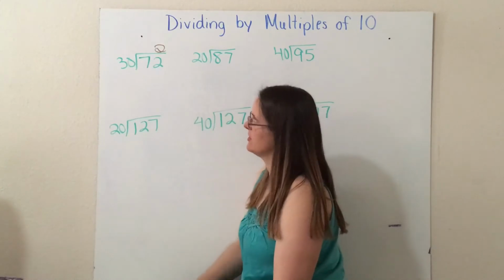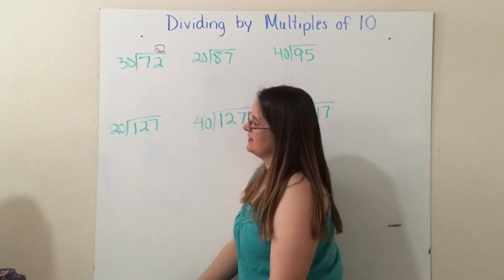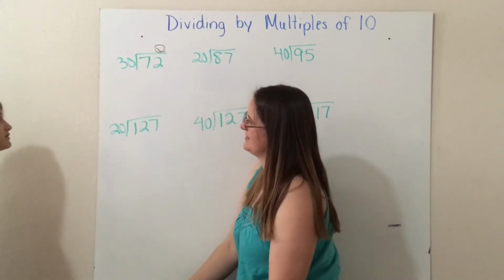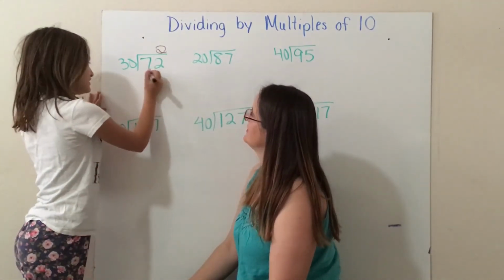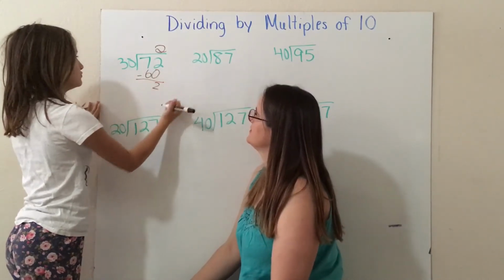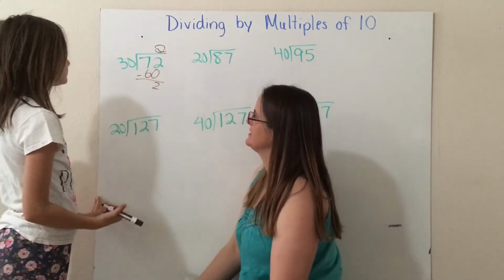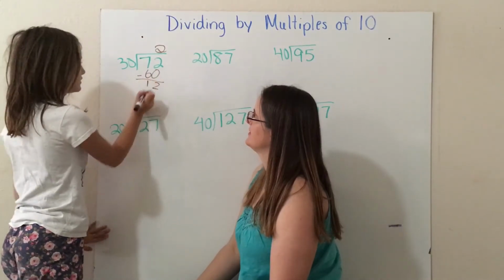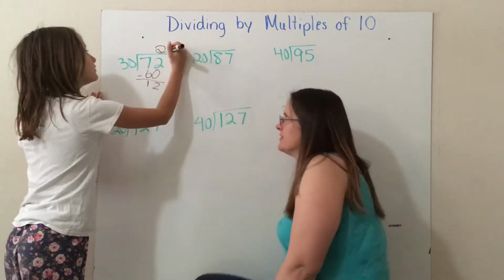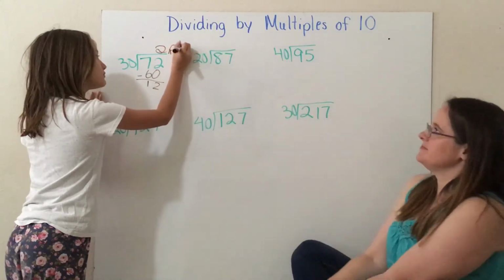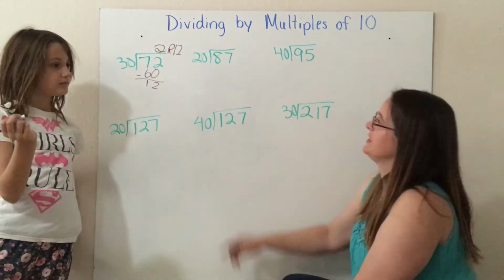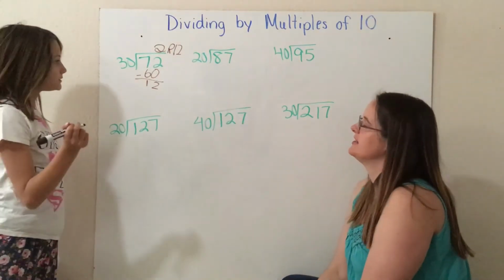Okay, 2 times 30. You can do 2 times 0 first. Well, yes, 2 times, actually no, 60. Okay. Subtract, then 7 minus 6 is? 1. So our remainder is 12. Okay, write it up there. If 2 remainder 12 is what you got, you're absolutely correct. Go ahead and try this one, Nyla.